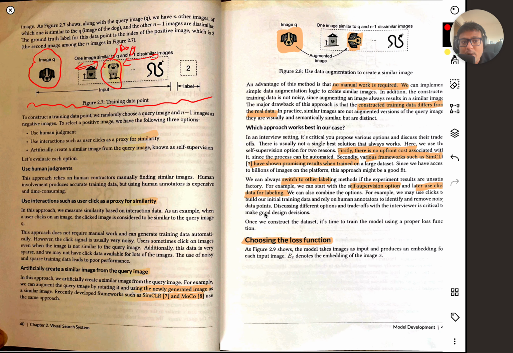So the problem is that you have a lot of data. Let's say you have 1 billion images, and you want to know the class of each of them. So what is the way you can get this data? One way is to rely on human annotators. You can go to Amazon Mechanical Turk and ask people to label a billion images for you.